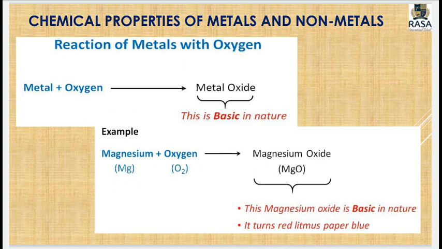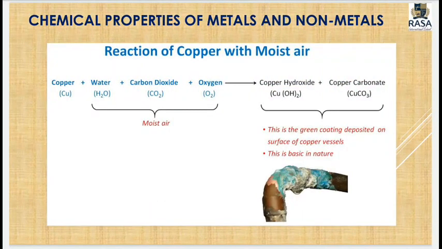Now, many metals react with oxygen and we will be able to see the rusting or corrosion. So here is an example where corrosion of copper is taking place in the presence of moist air.